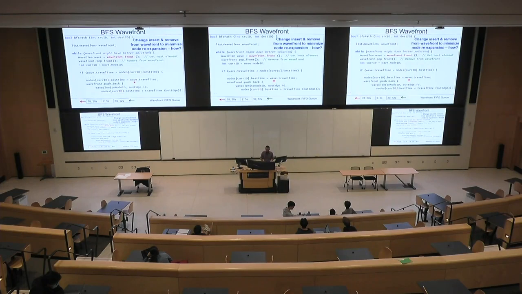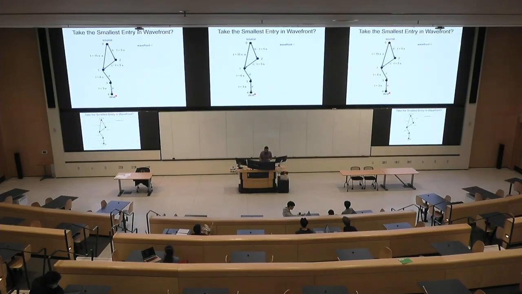So we need to change our insert and remove from the wavefront in order to minimize the node re-expansion, by trying to remove the nodes with the minimum travel time first, right? Okay, so let's follow that idea.